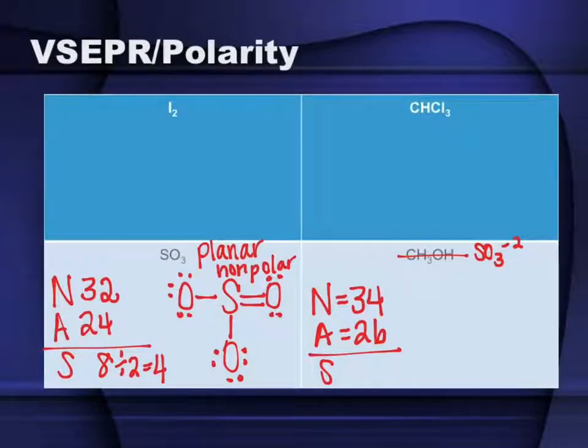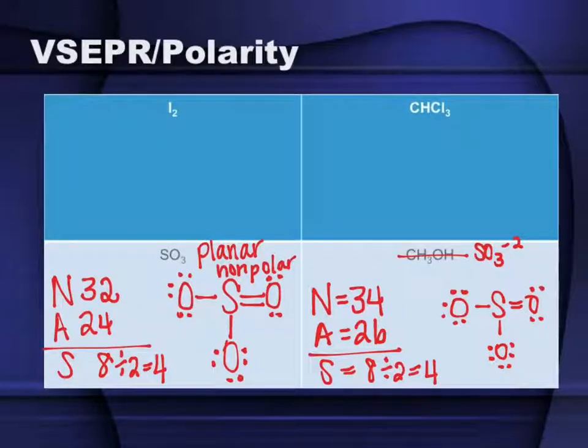Okay. So shared is going to be still 8 divided by 2, still 4 bonds. So I go ahead and I draw it the same way. So I have 2, 4, 6, 8, 9, 10, 11, 12, 13, 14, 15, 16, 17, 18, 19, 20, 21, 22, 23, 24.